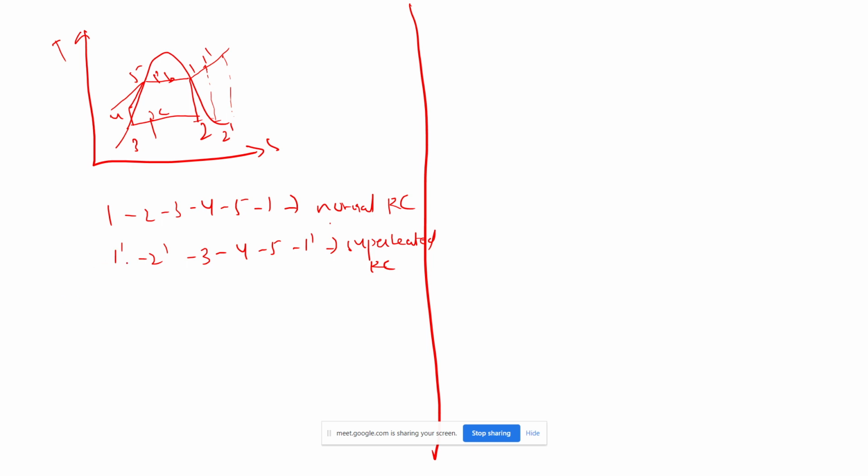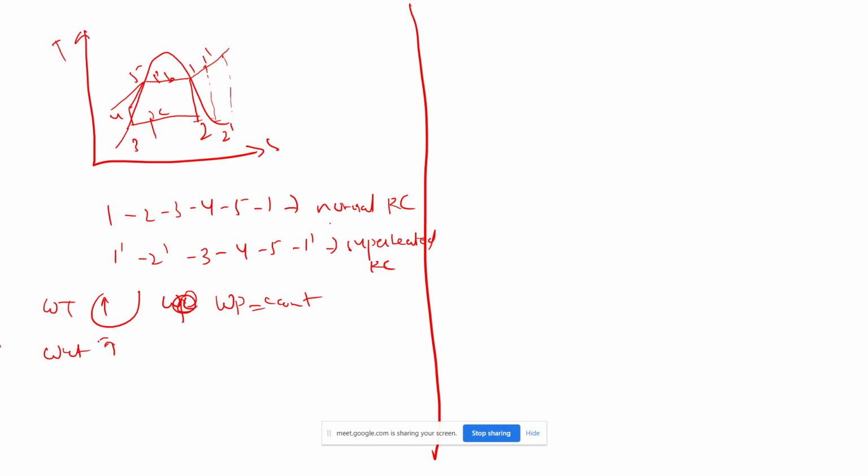What will be the effect on the turbine work? Increases. Pump work? Remains the same, constant. What will be the effect on the network output?